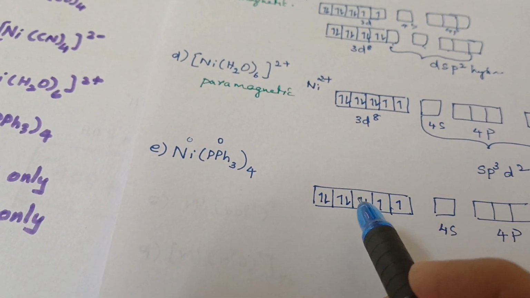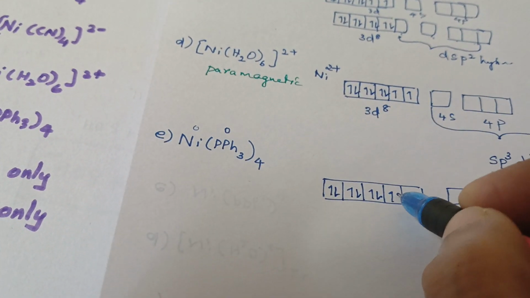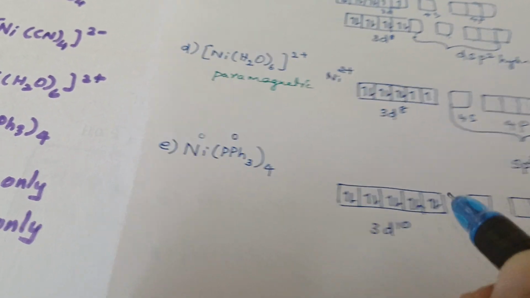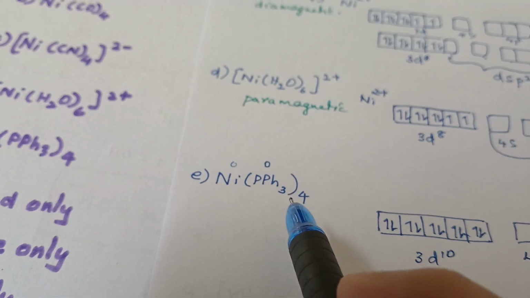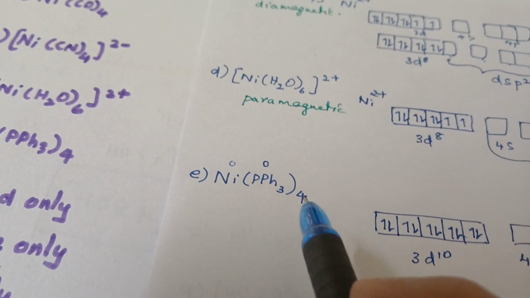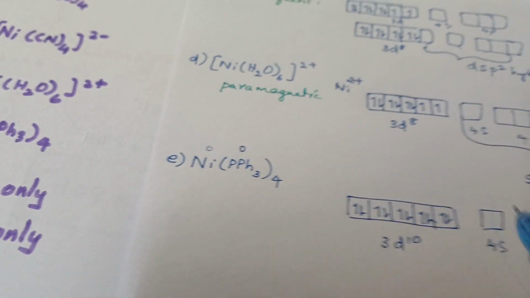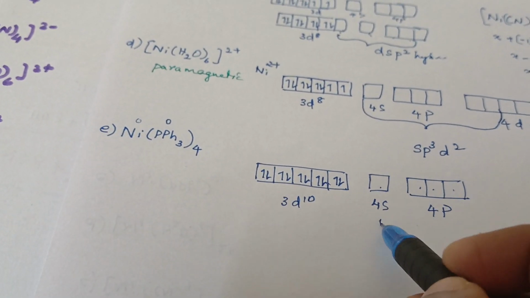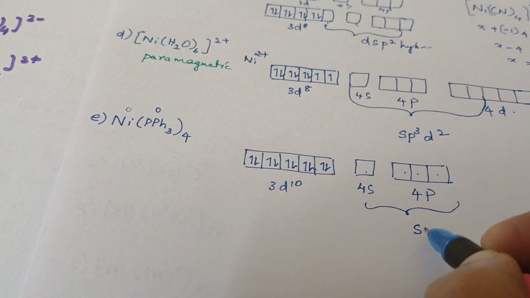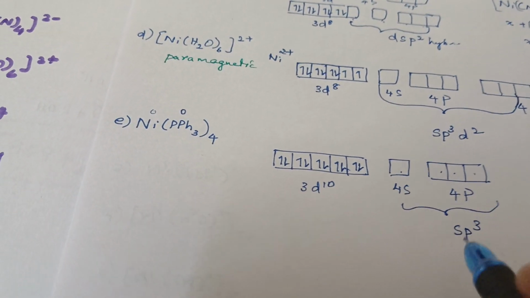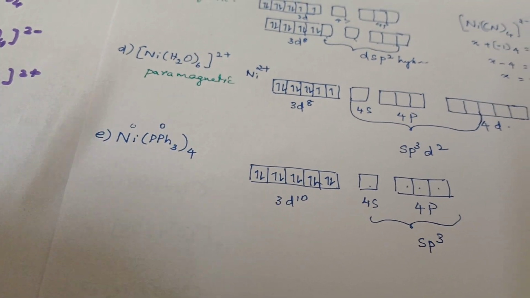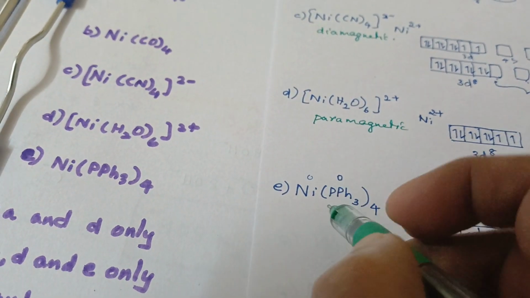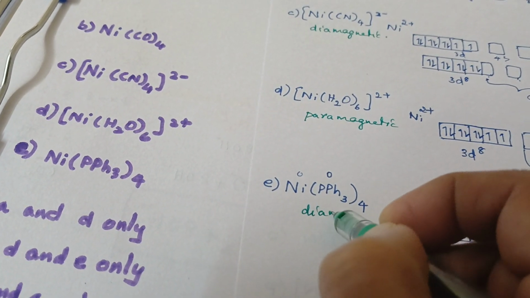Then 2 of the 4s electrons will also come in here, and it will be fully filled. So this will be 3d10. And how many PPh3 or triphenylphosphane are coming? 4. So they will occupy these positions, 1 2 3 4. So this will be having sp3 hybridization. And are there any unpaired electrons? No unpaired electrons. So this will be diamagnetic.